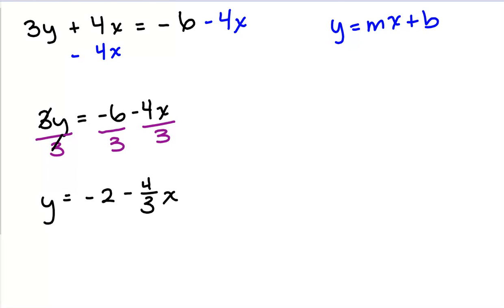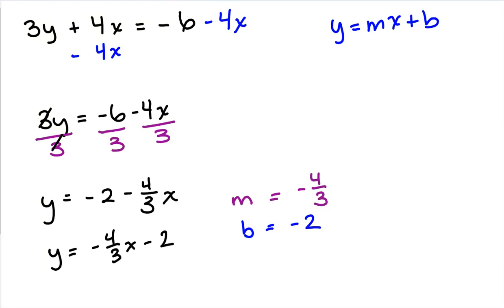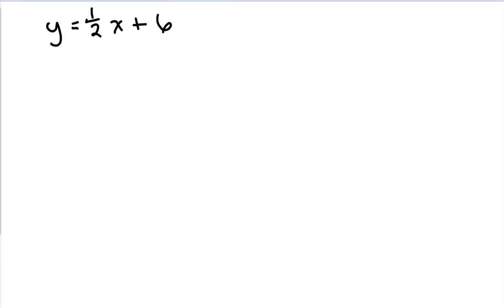Now this is kind of backwards, so if you wanted to, you could write it like this, negative 4/3x minus 2. Now it looks more like y equals mx plus b, so we know our m equals negative 4/3, and our b equals negative 2. I think I've been writing 3 for y this whole time. Nope, I didn't. Okay, let's look at one more.